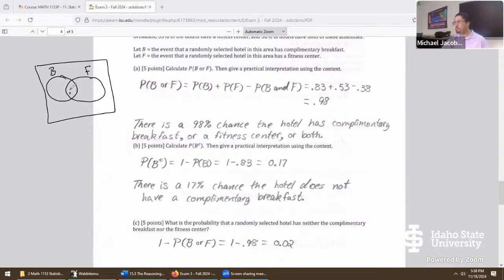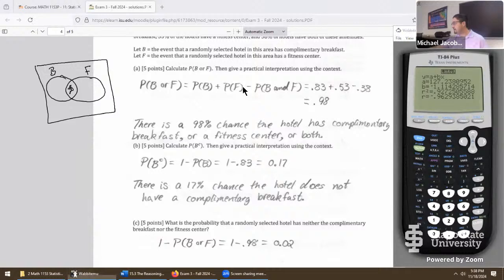We have probability 0.38 in the middle for both amenities. This is the stage at which I would need a calculator. For this region, the probability of B excluding F, we would take probability 0.83 minus 0.38 to give a probability of 0.45 right here.